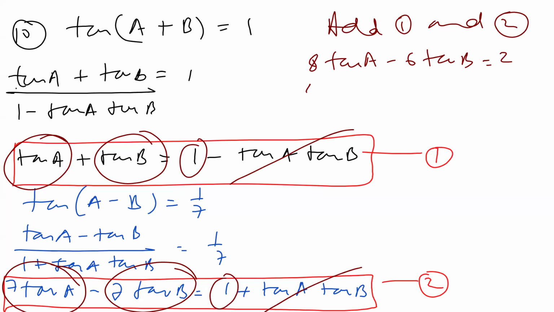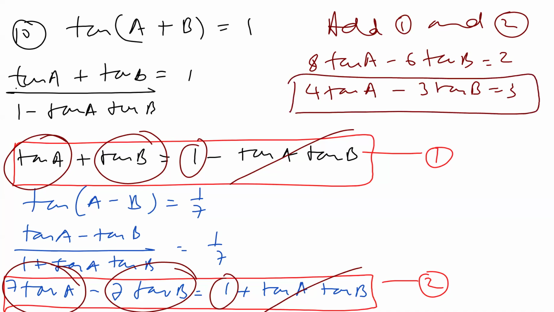So divide by 2 throughout: 4 tan A minus 3 tan B equals 1.